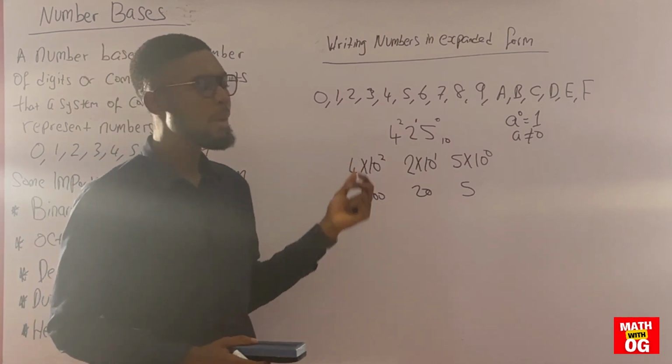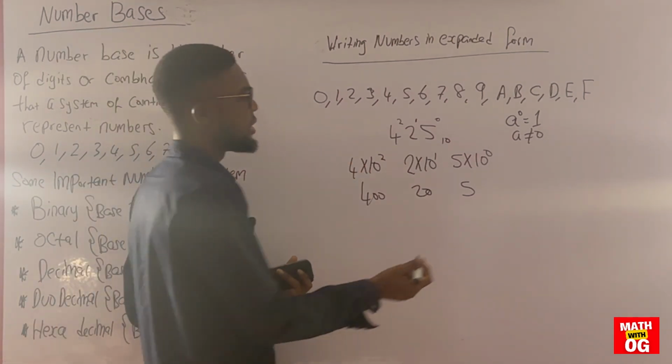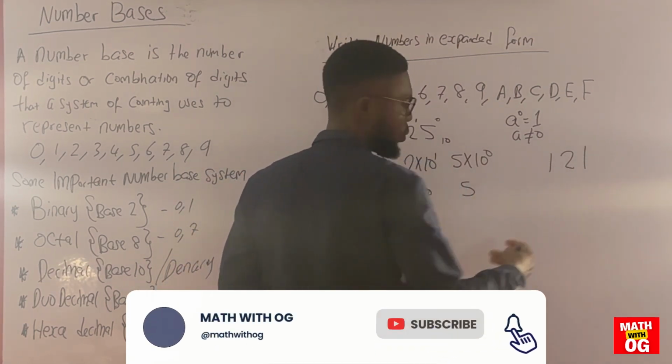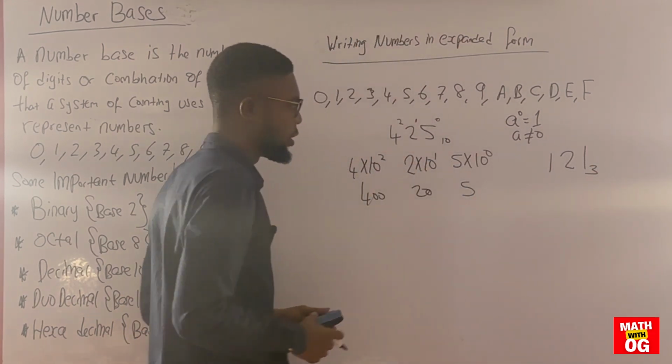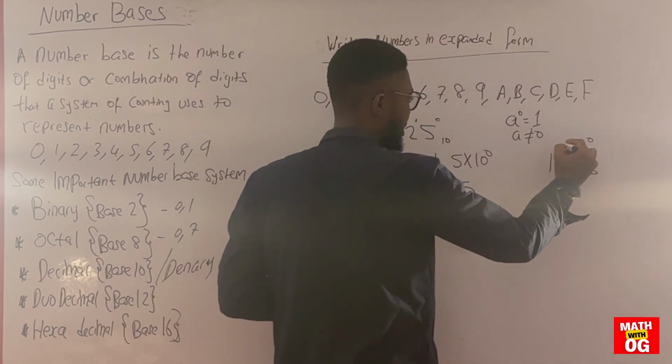Now, how do we write other base in its expanded form? So let's pick a number in base 3. This can be a number in base 3. 120. No, we don't call it 20. We'll just call it 121 base 3. So in its expanded form, this becomes 0, 1, and 2.